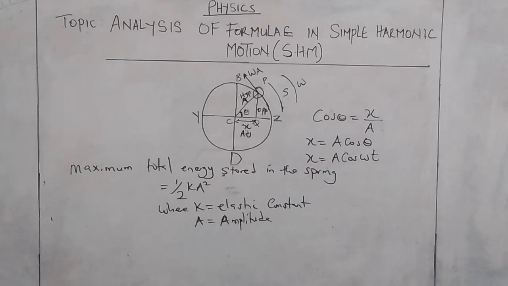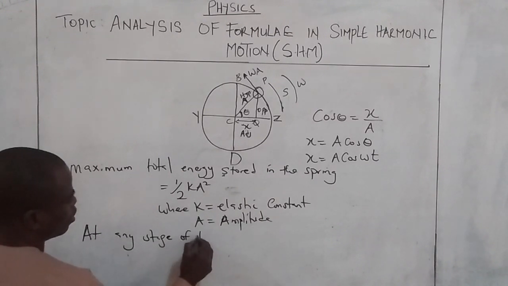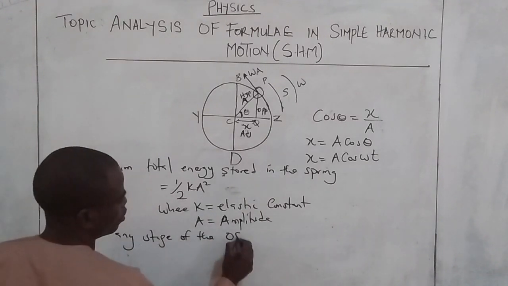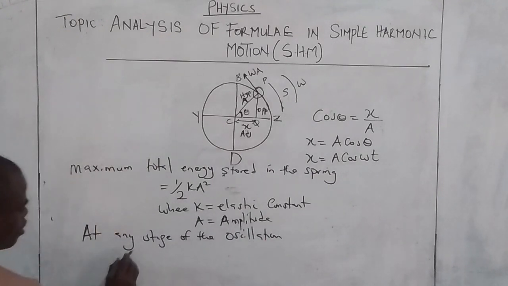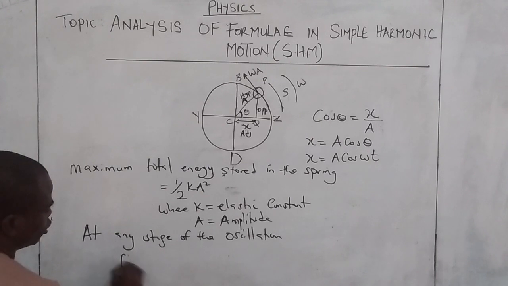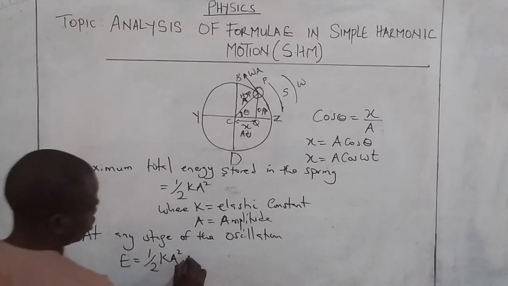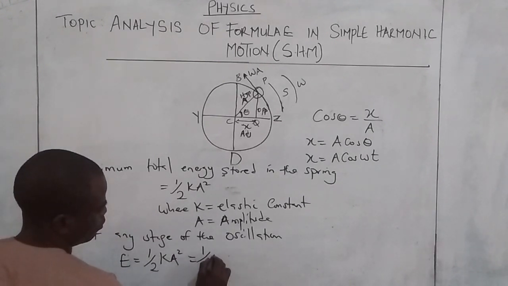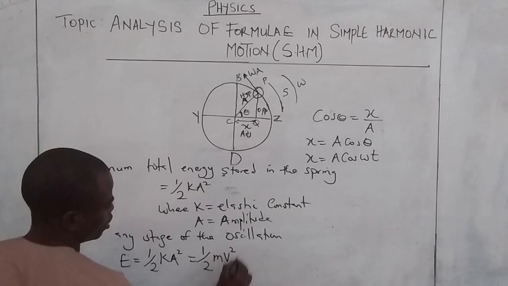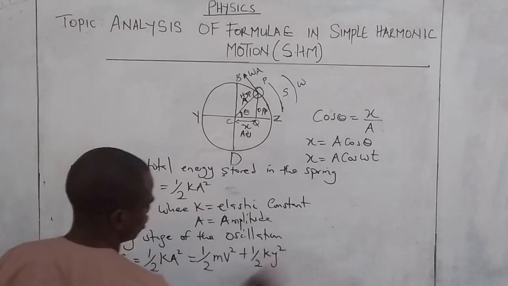Now, at any stage of the oscillation, I have to take note that energy equals half Ka squared, which equals half mv squared plus half ky squared.